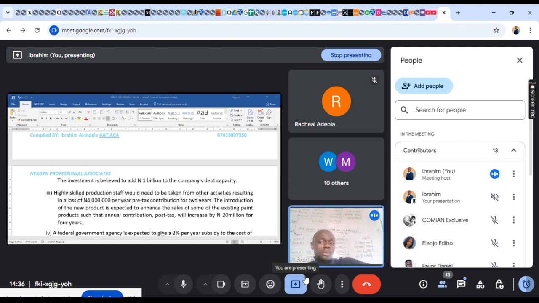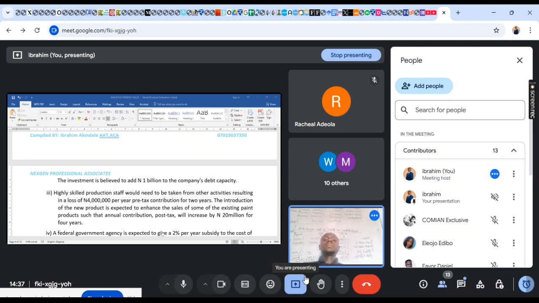As a result of the introduction of the new product, there will be a contribution after tax. So when you are redrafting that proposal, you have to add a contribution. That contribution will be post-tax, that is after tax. So 20 million year 1, 20 million year 2, 20 million year 3, 20 million year 4.